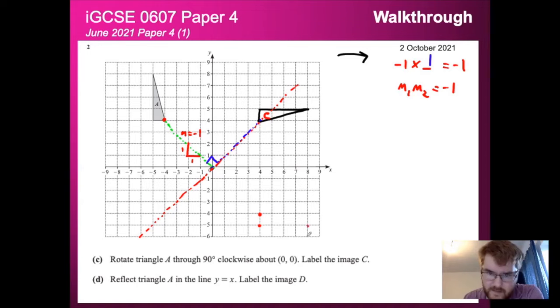So we get this shape here. And using that key coordinate to tell me exactly where the shape needs to go, we get our shape here. So we've got 4, -4, 4, -5, and 8, -5 there. So this can be our shape D. So we call that D like so. And that's question D done.